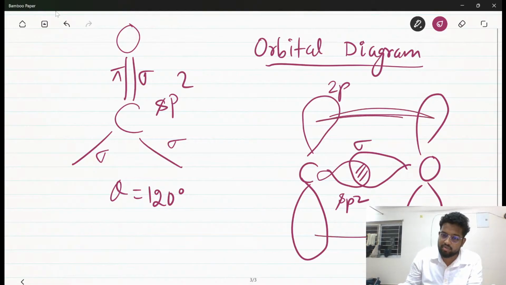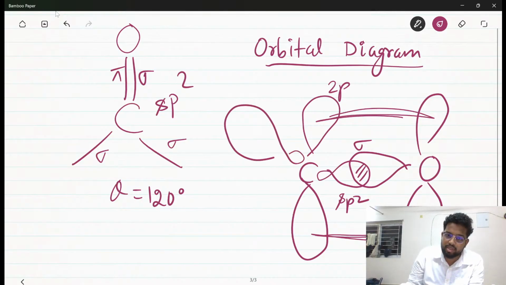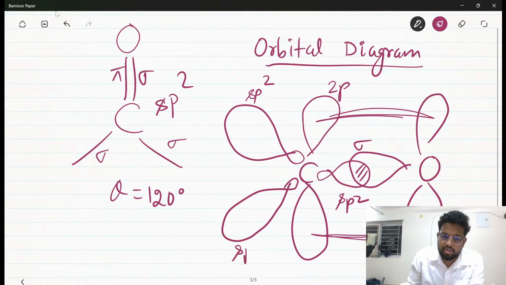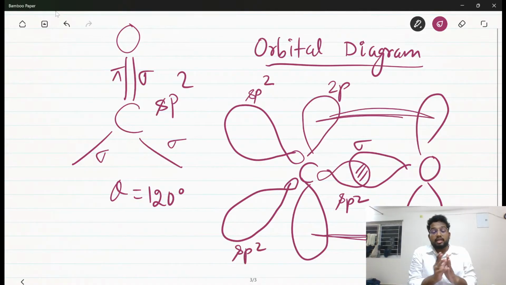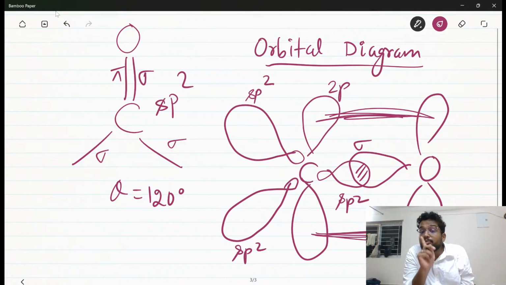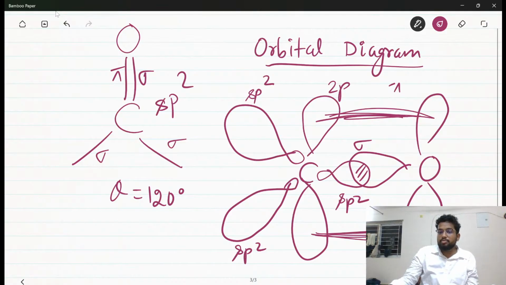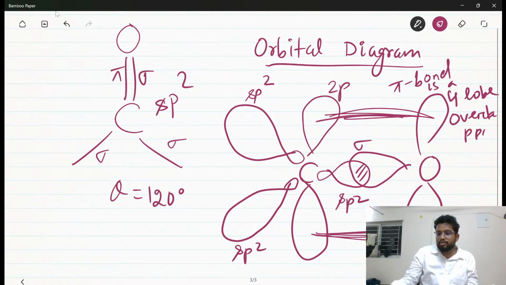You know pi bond is a how many lobe overlapping? 4 lobe overlapping. Then remaining 2 sp2 orbitals of carbon will form those single bonds. So you know hybrid orbitals will form sigma bonds, whereas pure atomic orbital will form pi bond. Don't count these as two pi bonds. This is a single pi bond only. So here you have to write pi bond is a 4 lobe overlapping. And understanding of this one is important.